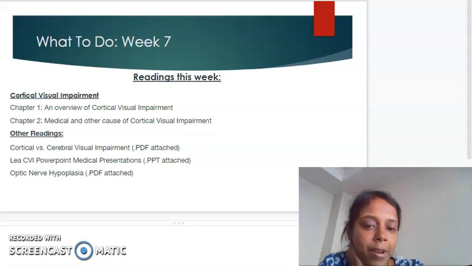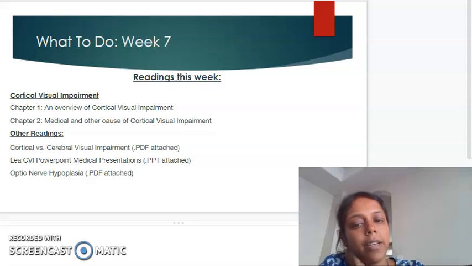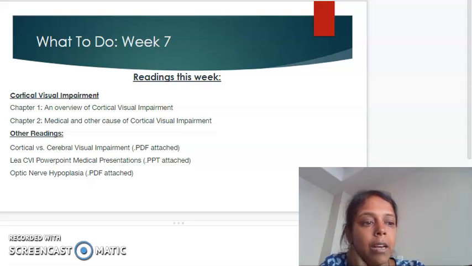We have chapter 1, an overview of cortical visual impairment, and chapter 2, medical and other causes of cortical visual impairment. Some of you may have finished this reading, so you can revisit it and get an overview of what CVI is.